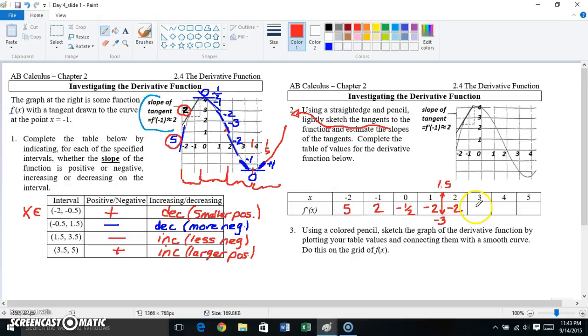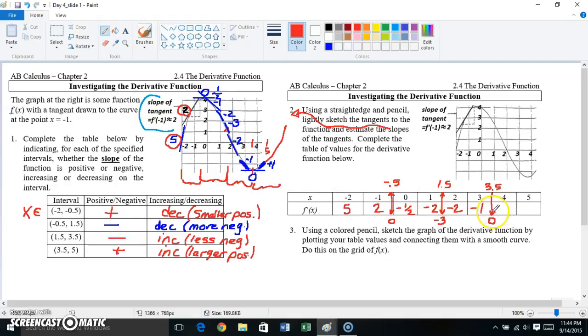Okay, at 3, I don't know, we could estimate a negative 1. At 4, oh, and let's put in here, at 3.5, we're going to get a slope of 0. And I'm also going to put in here at negative 0.5, we got a slope of 0.